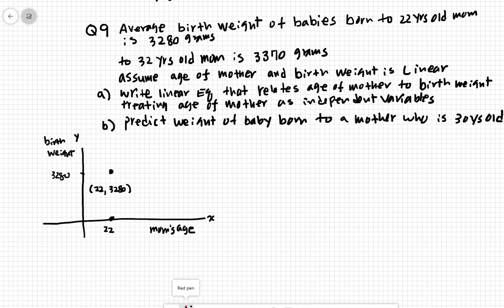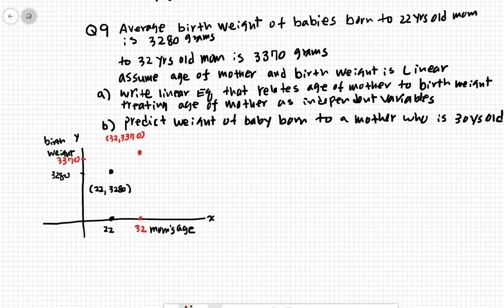Next one is if you are 32 years old. So I'm going to put 32 over here, and then it's going to be 3370. So I'm just going to put 3370 up here. This point represents the 32 and 3370.